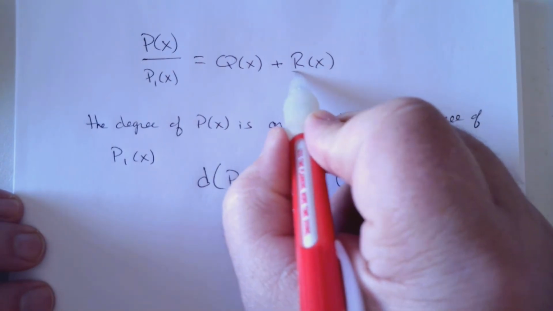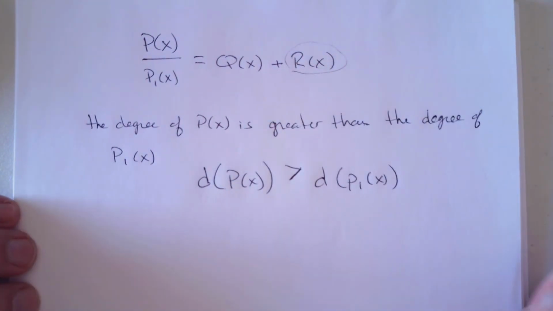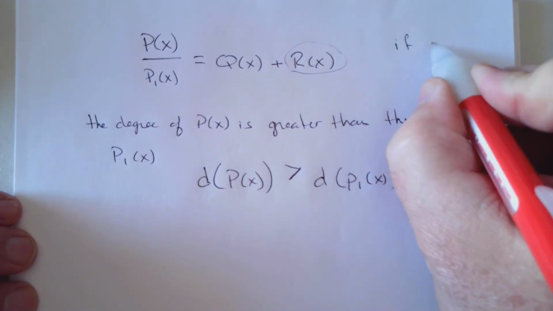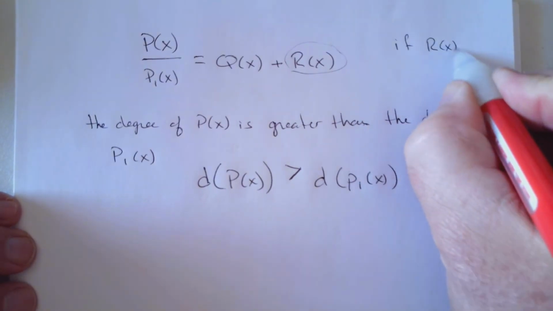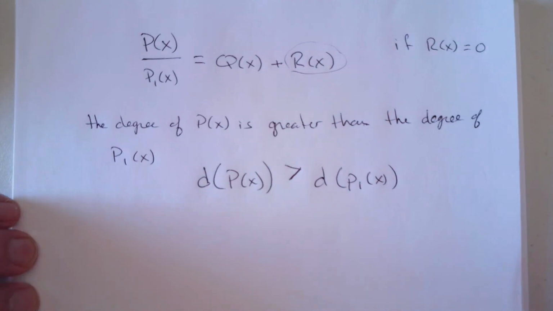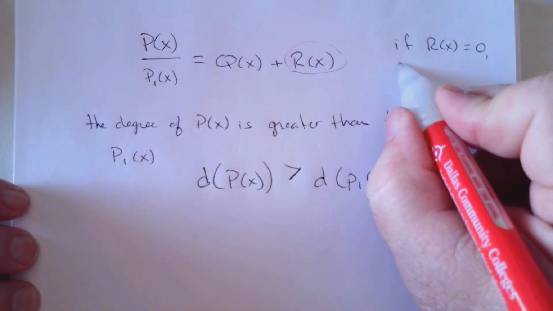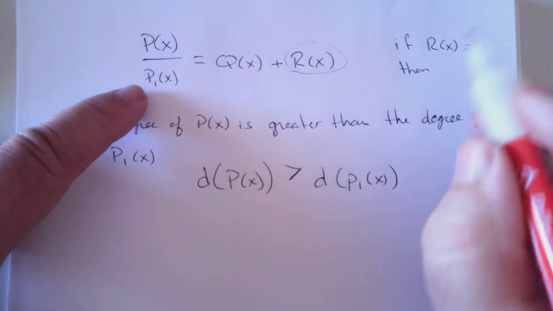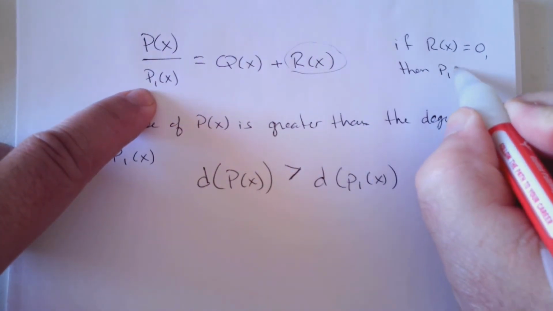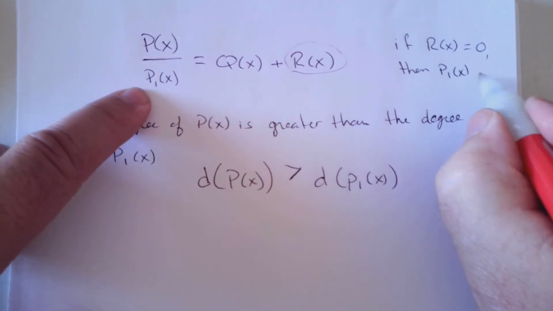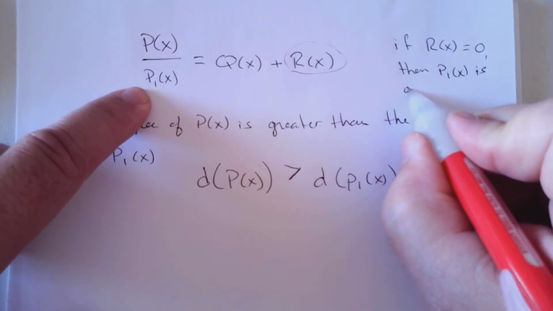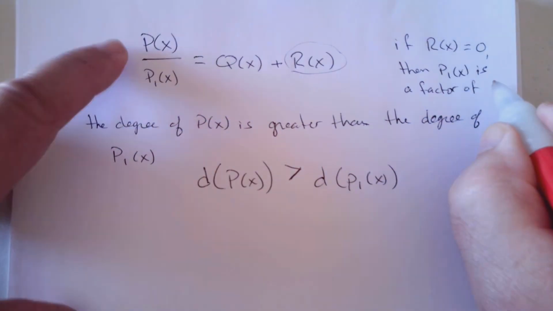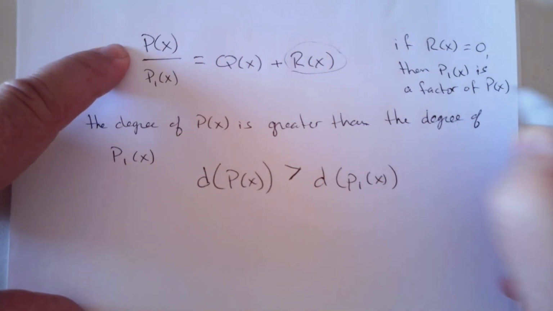And this is the important part. If the remainder equals 0, then p1 of x, the denominator, is a factor of p of x.